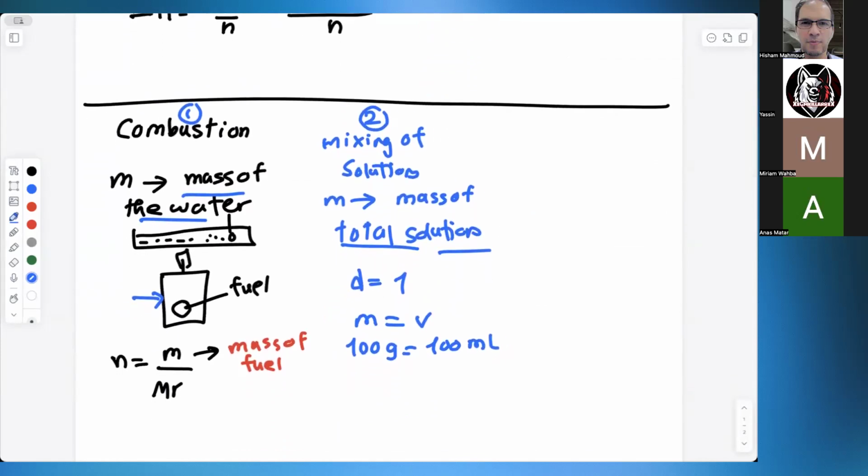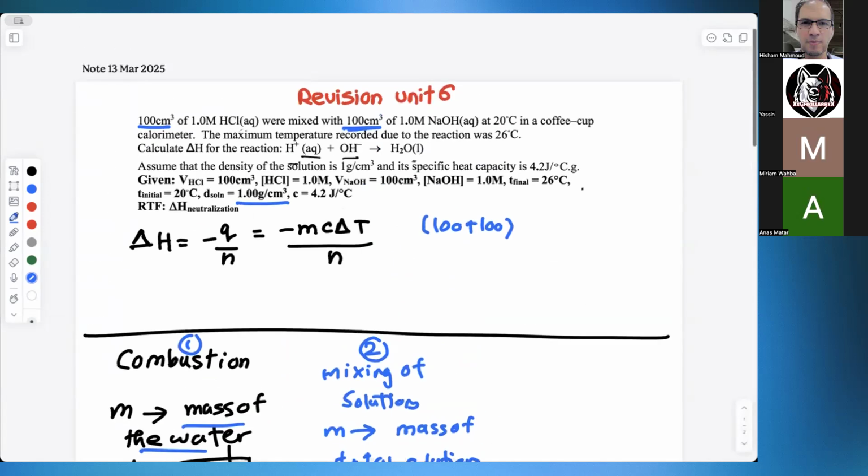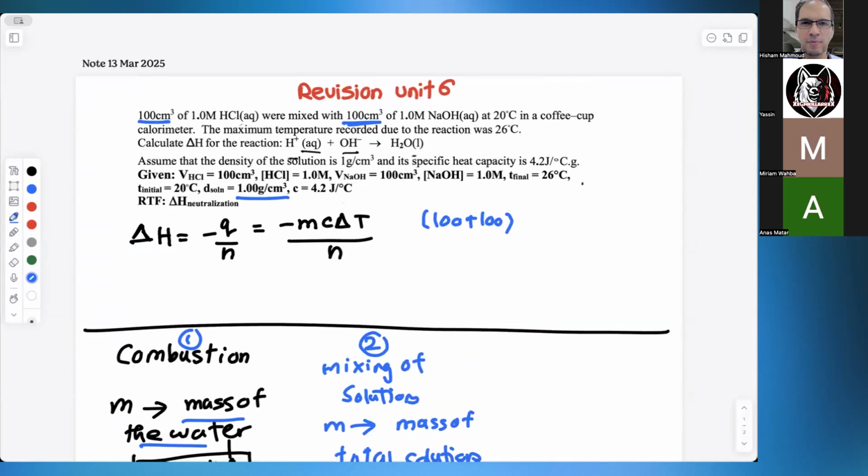Now the third part, about the N. I don't need to find another mass. The N is actually the N of the limiting reagent. If I have two solutions, I have here sodium hydroxide and I have HCl, I can find the N of each of them by multiplying concentration by volume.